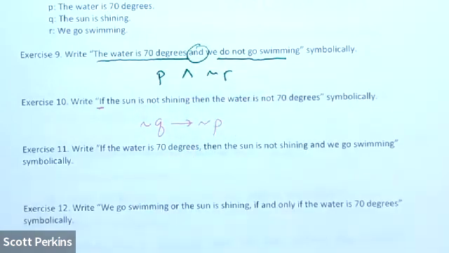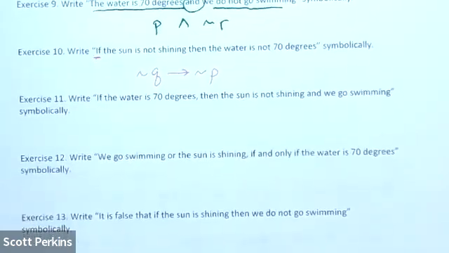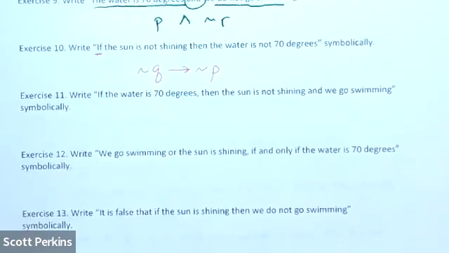Exercise 11. If the water is 70 degrees, note the comma, then the sun is not shining and we go swimming.